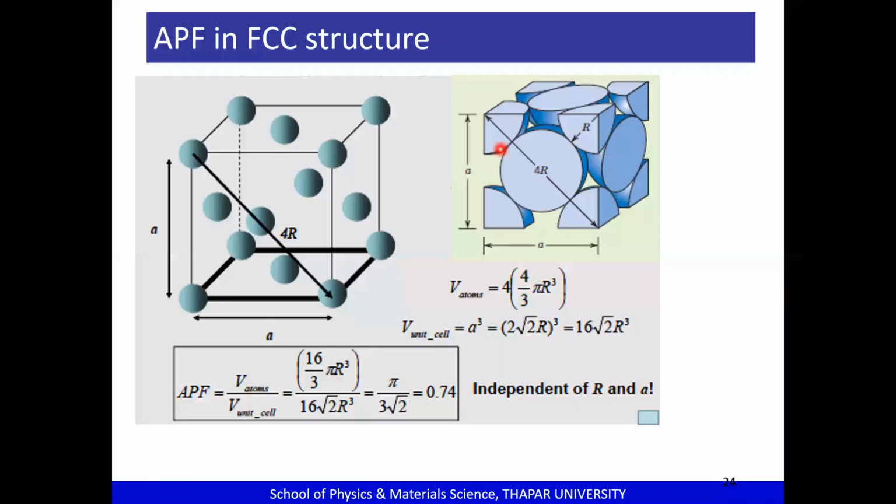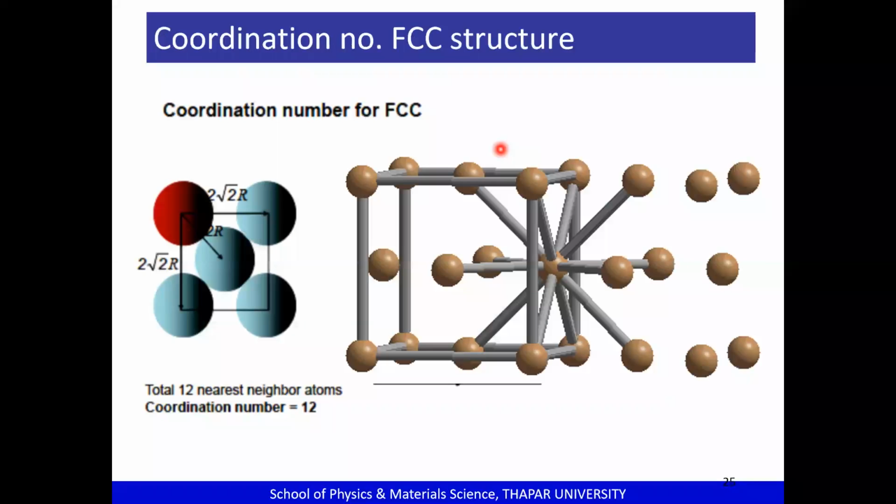So how many such closest neighbors do you have in an FCC unit cell? If you want to count that, you have to focus on this right-hand side image and focus on the atom which is on the right-hand face of the unit cell. This atom has 4 nearest neighbors within its face. If I look at this particular face, it has 4 corners: 1, 2, 3, 4.